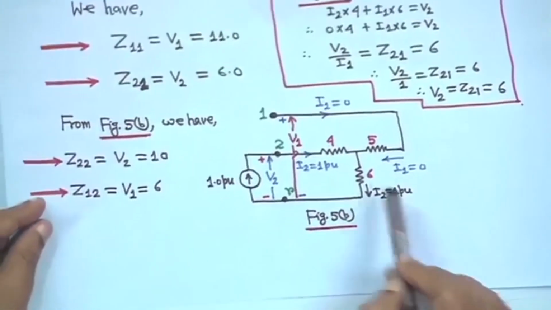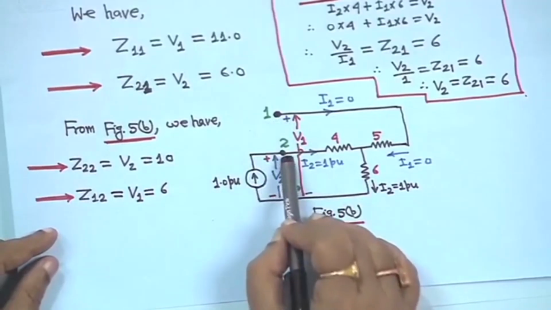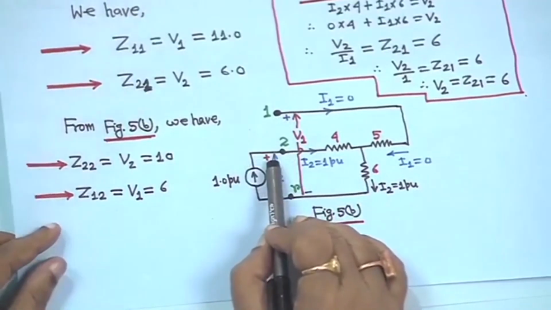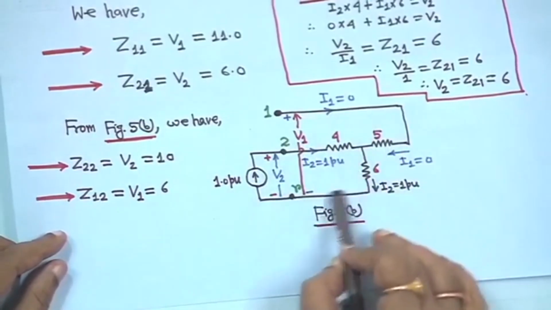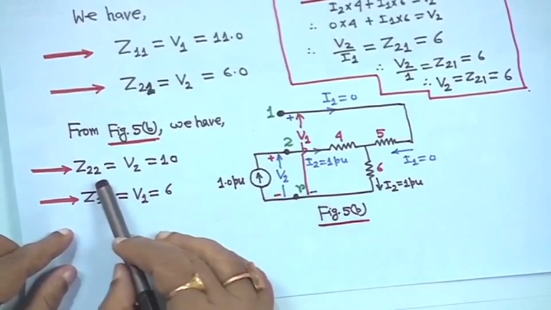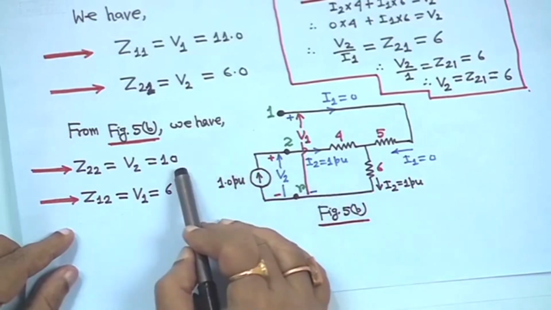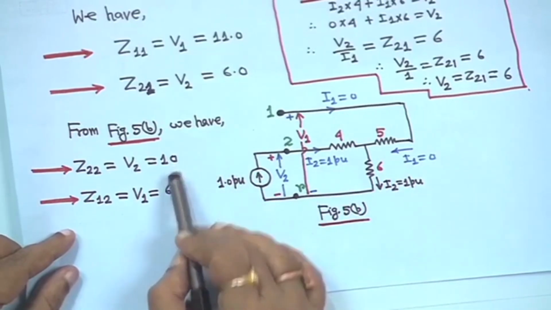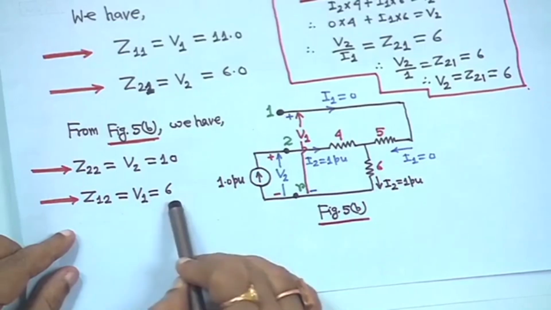Similarly, keep this one open, and at bus 2 you inject 1 per unit current, and in the same way you apply KVL in this loop and in this loop. You will get Z22 is equal to V2 upon I2, because I2 is 1 per unit, you will get 10, and similarly Z12 you will get V1 by I2, that is equal to 6.